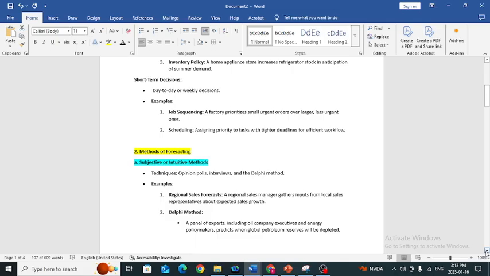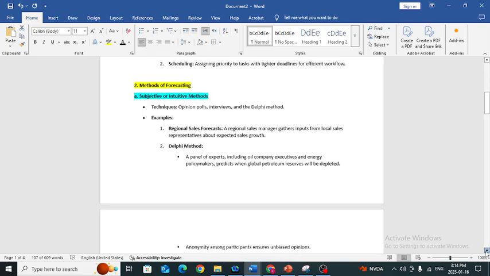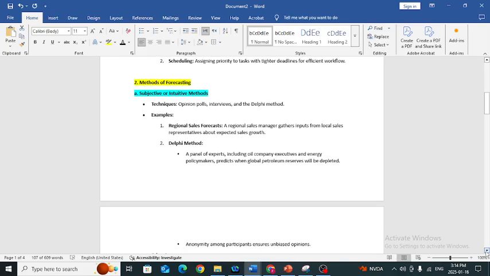For example, in a regional sales forecast, a regional sales manager gathers input from local sales representatives about expected sales growth. And in the Delphi method, a panel of experts, including oil company executives and energy policy makers, predicts when global petroleum reserves will be depleted.